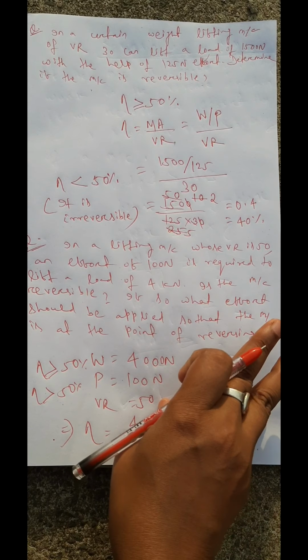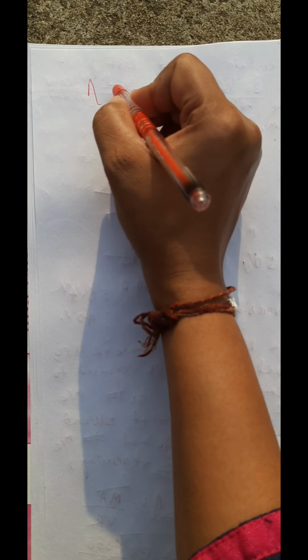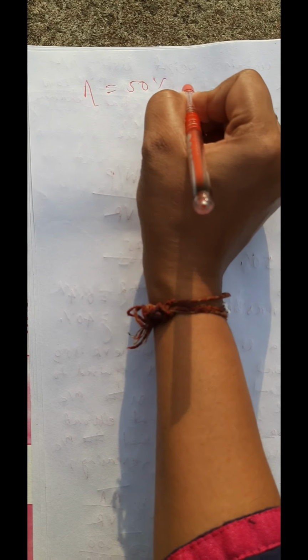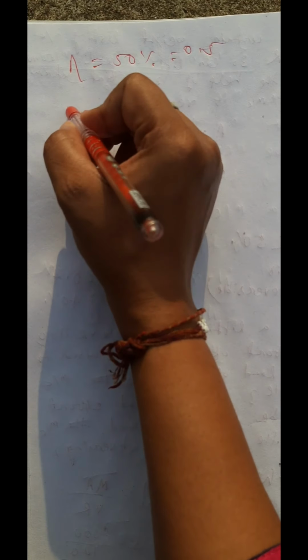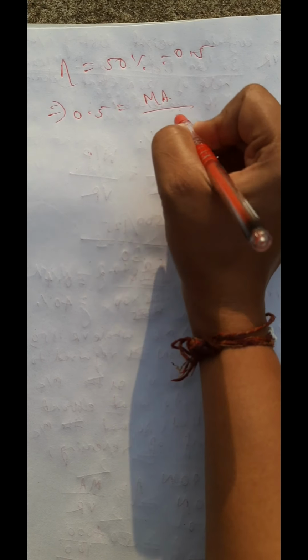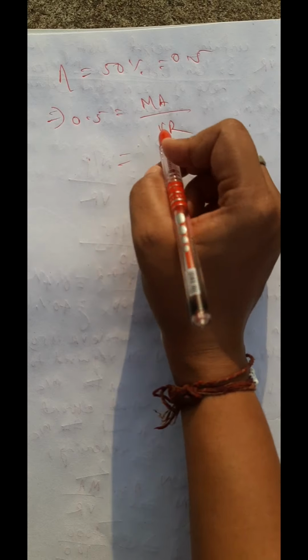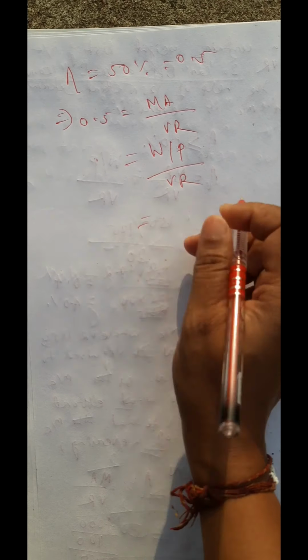So eta limiting value is 50%, that means 0.5. At that point we have to find out the effort. So 0.5 equals mechanical advantage by velocity ratio, that is W by P divided by velocity ratio.